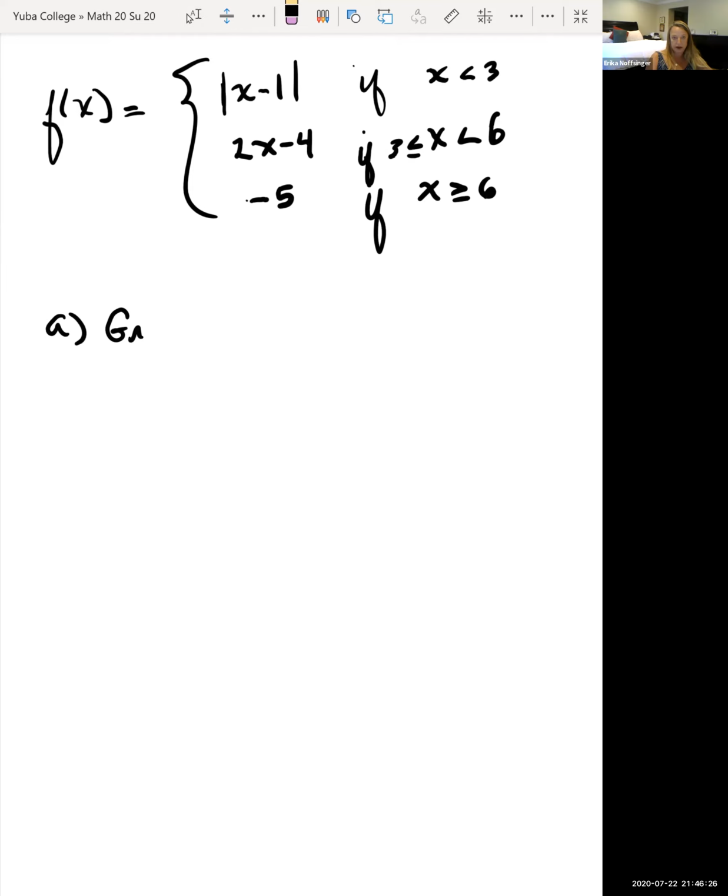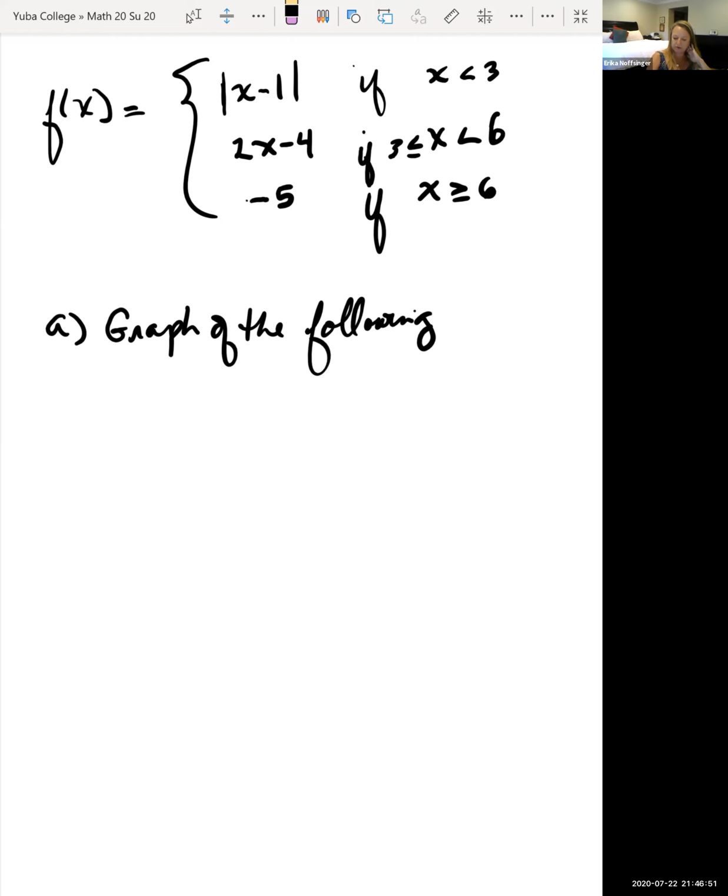So let's look at the graph of the following. Okay, I just want to make sure I had started the recording, and I had. So graph the following. Let's look at the piece x minus 1, that absolute value.